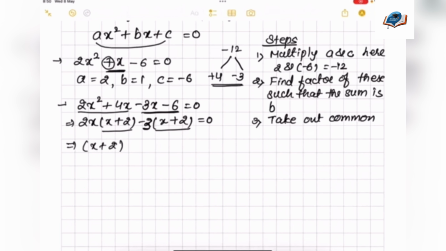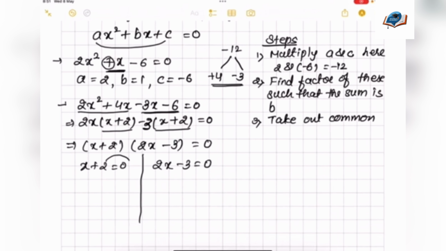Now, here we have got two possibilities, either x plus 2 equal to 0 or 2x minus 3 equal to 0. So if x plus 2 equal to 0, x equal to minus 2. And if 2x minus 3 equal to 0, so 2x equal to 3, so x equal to 3 by 2.